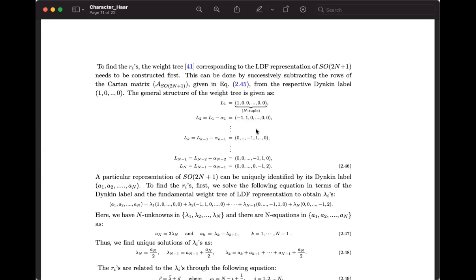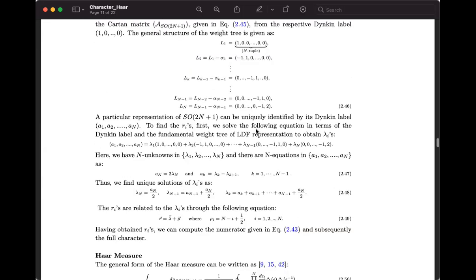So once you understand the method, you should be able to compute this for all the different kinds of compact groups. Okay. So now once we know some representation corresponding to SO(2N+1), and its Dynkin label is uniquely identified as, let's say, a1, a2 up to aN, then we can write it down in this particular form, and then we can invert this and write down the lambdas in terms of the a_i's.